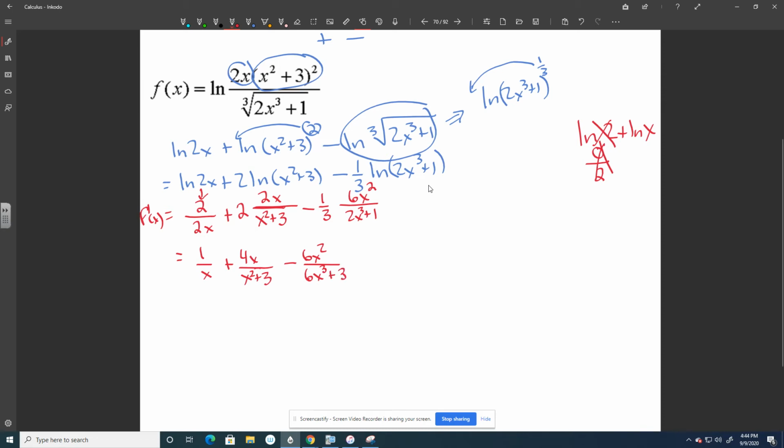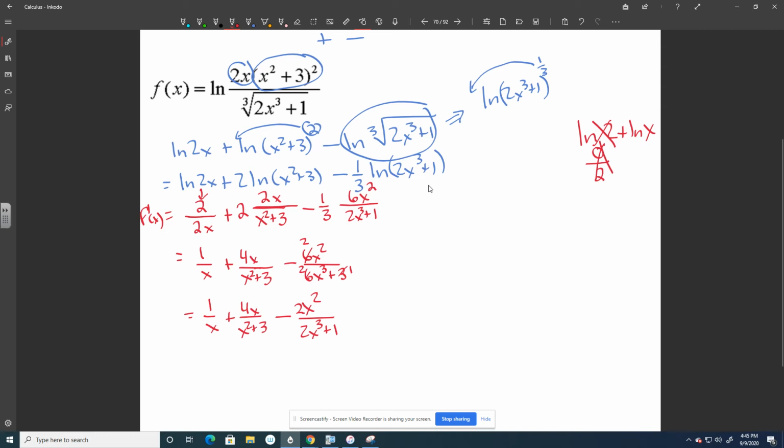Oh, maybe I shouldn't have multiplied that. I maybe should have just canceled some stuff out first. Because look, a 3 goes into all of these terms. So it rewrites as 1 over x plus 4x over x squared plus 3 minus, if I factor out a 3 of all of this, this is a 2, this was a 2, and this becomes a 1. So I end up with minus 2x squared over 2x cubed plus 1.